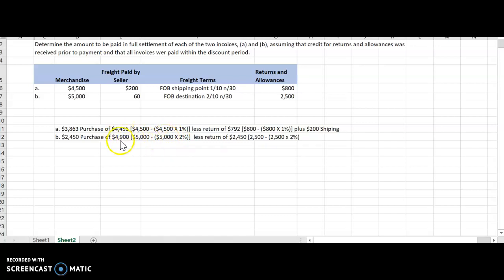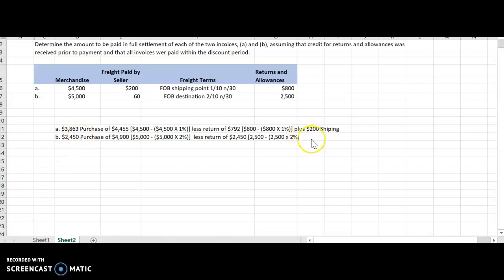That's how you get your purchase of $4,900. And then you had a return of $2,500 minus the 2%, so there was a return of $2,450. So you have $4,900 minus the $2,450, which would give you $2,450 of inventory left.